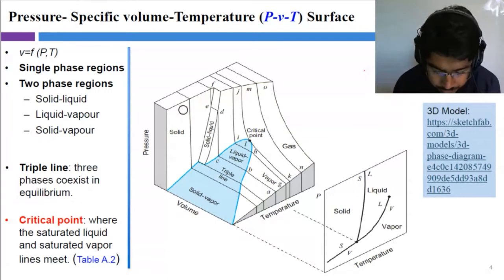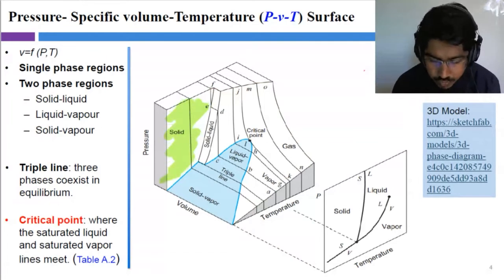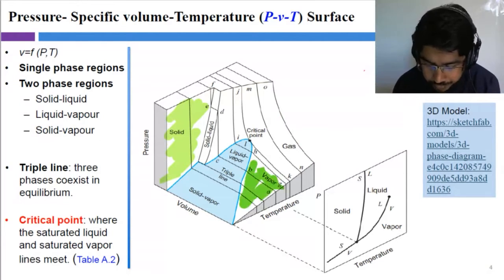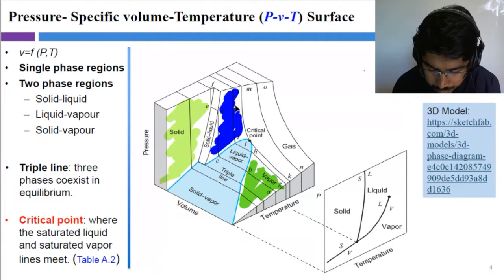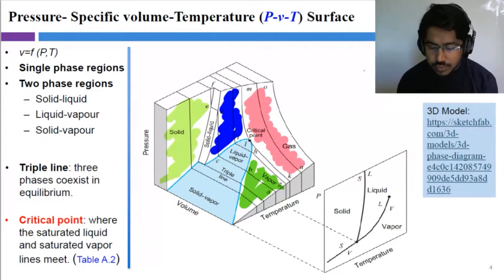So we have solids here, and we have vapor here, and then we have liquid here, and then we have gases here, gas here. So this is for a given substance, right?